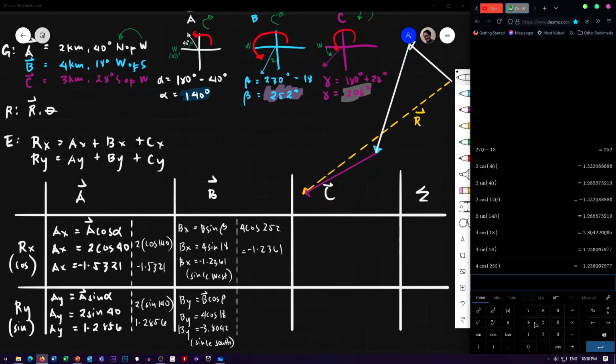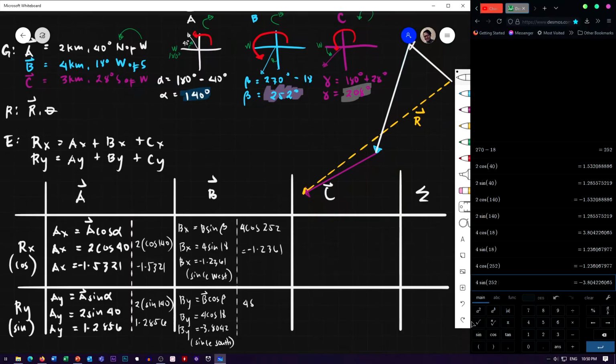Then we have 4 sine 252, and our answer is negative 3.8042. So hopefully you got that.